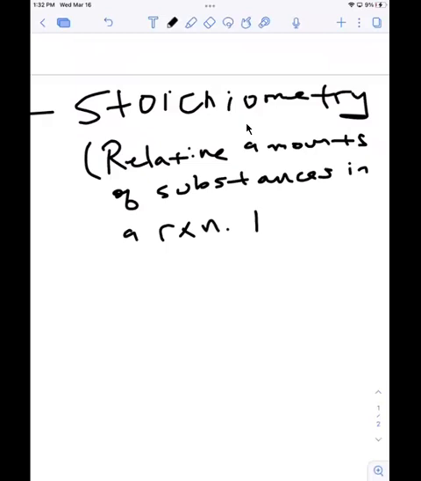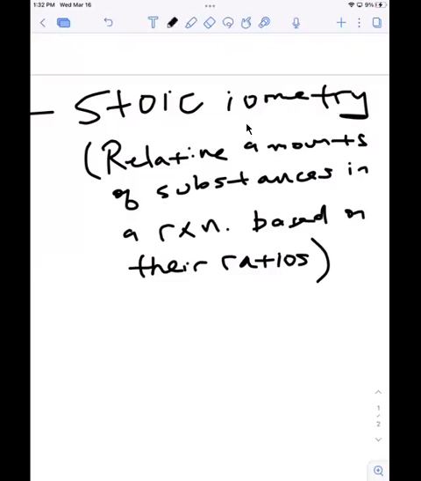And then we base that on the ratios of those substances, right? So all stoichiometry is dealing with is the ratios of the different substances that are reacting. That's it. It's a very technical term, but it has a very simple definition, right? When we write out a chemical reaction, everything there is present in some ratio. So that's what the concept of stoichiometry deals with.